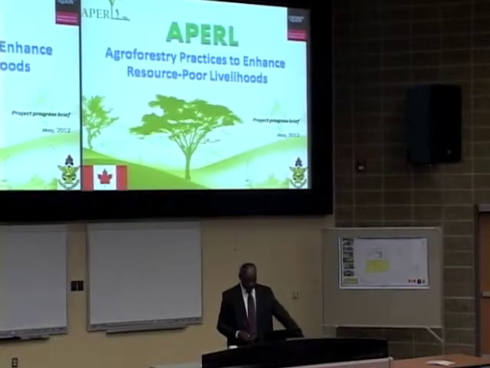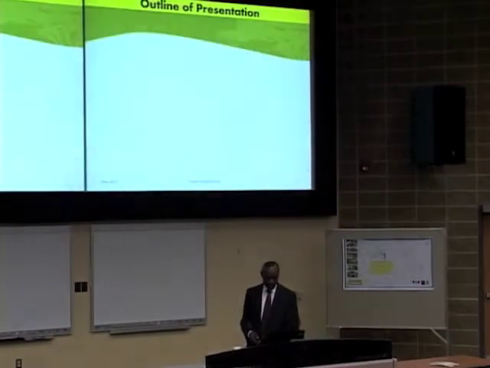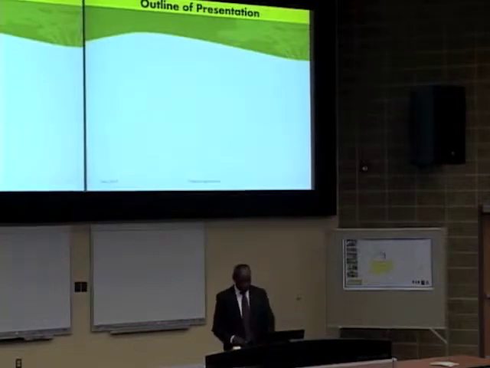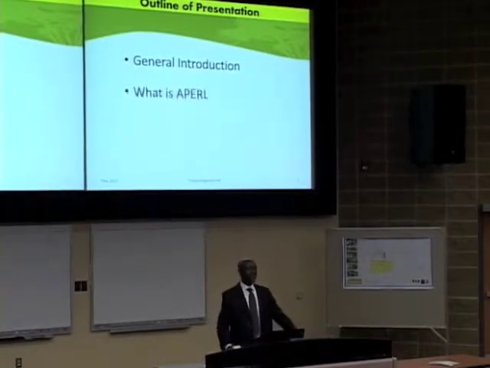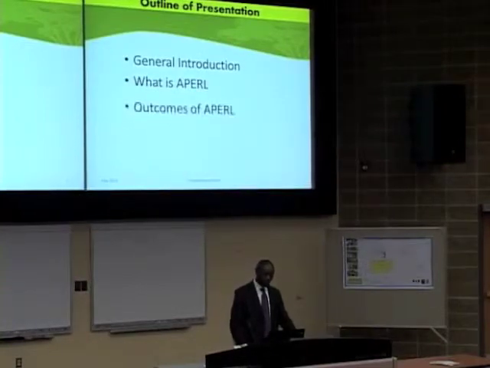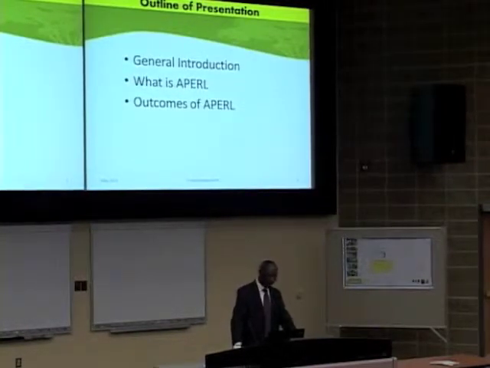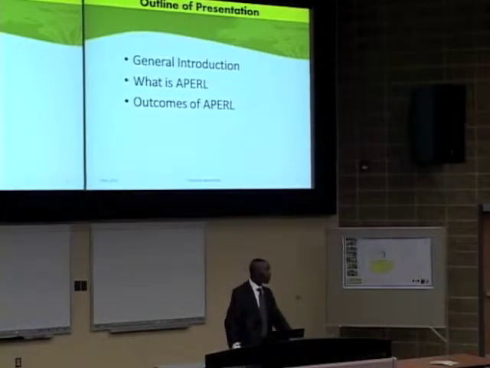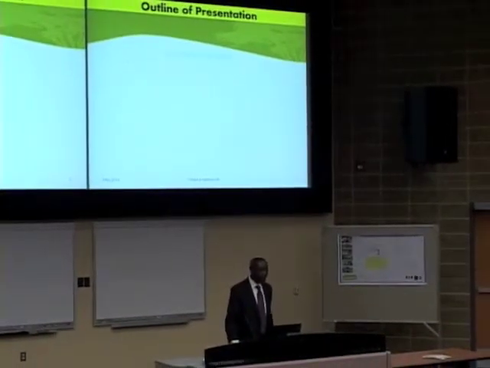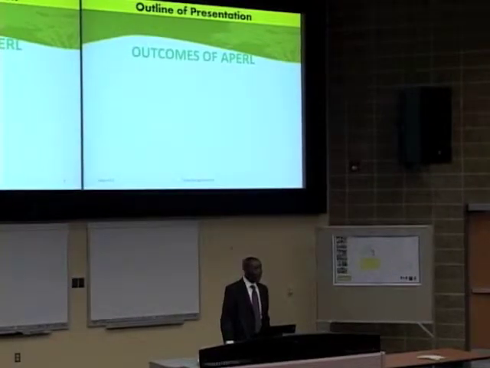I want to first look at the outline of the presentation. I'll take us through the general introduction, and I want to define APERL, and I'll look closely at the results, that is the outcome. So what are the outcomes? There are three of them.